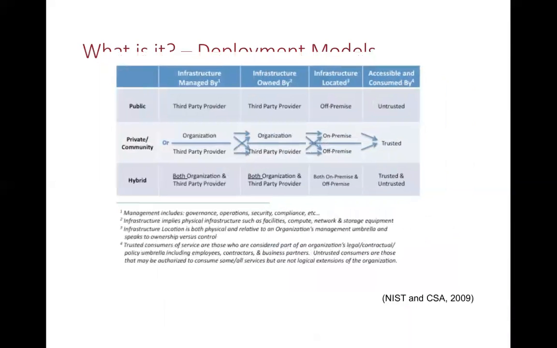So these again are types of clouds: public, private, community, and hybrid, which is a combination of them. The infrastructure for public is managed by a third party. It's owned by a third party, and it's located off premises.